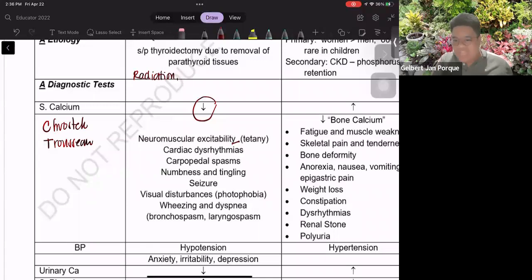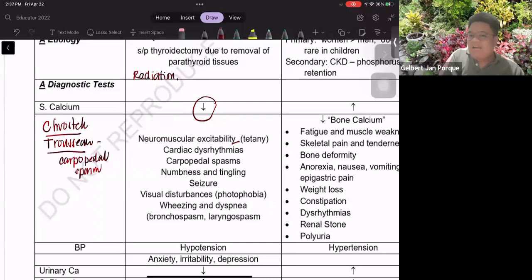Is it your Chvostek sign or your Trousseau sign? Class, it will be your Trousseau sign wherein you will have carpopedal spasm. Now, if Trousseau sign is for carpopedal spasm, how do we describe Chvostek sign?